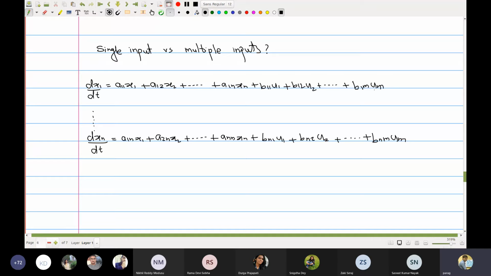So these are the governing equations for the dynamical variables, and you can have corresponding equations for the output variables.